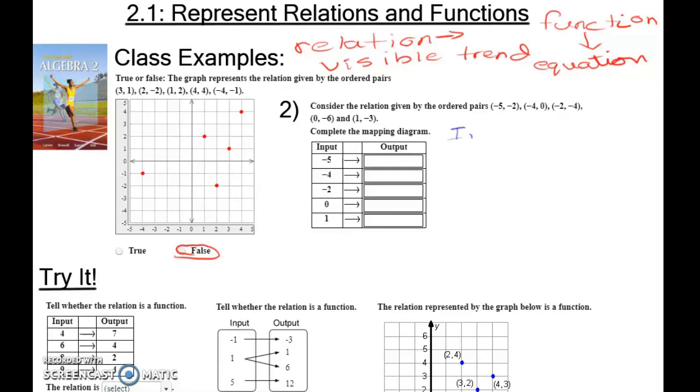So normally inputs equal the x values and the output equals the y values.